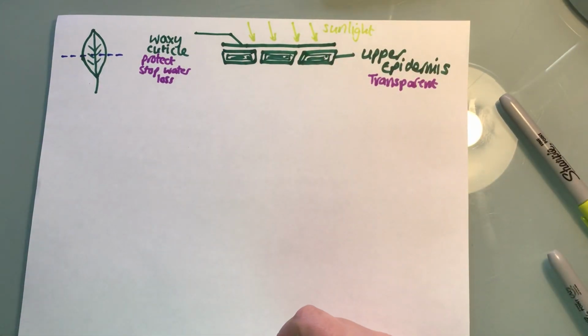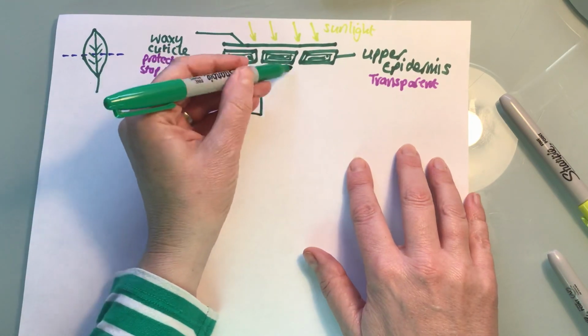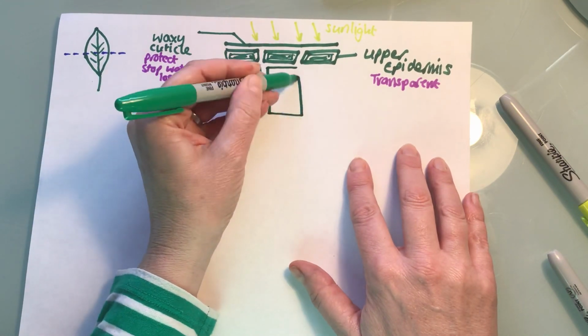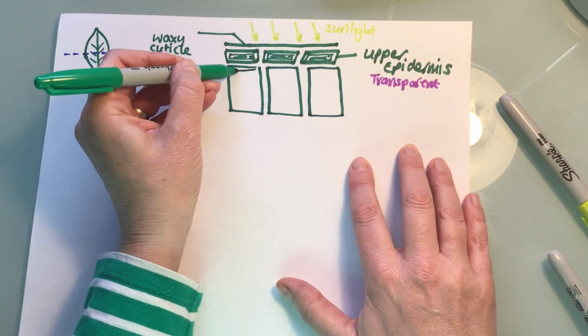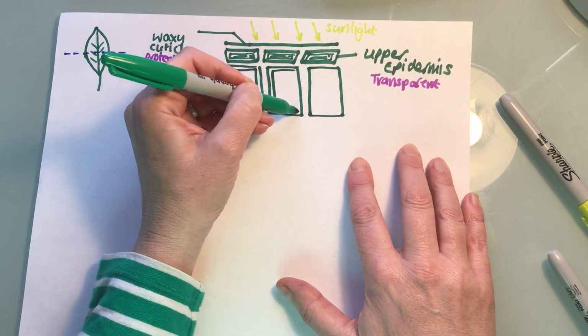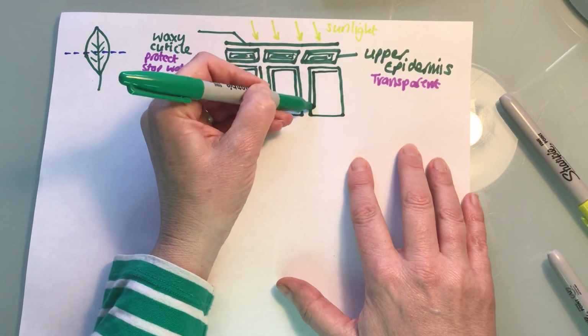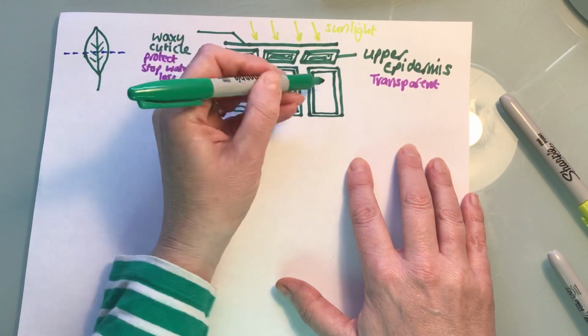Now, why does the light need to get through? Because we want the light to hit these cells. And these cells, I always think, look like soldiers all lined up in a nice, neat row. They've got the cell walls. They've got their cytoplasm and vacuoles.